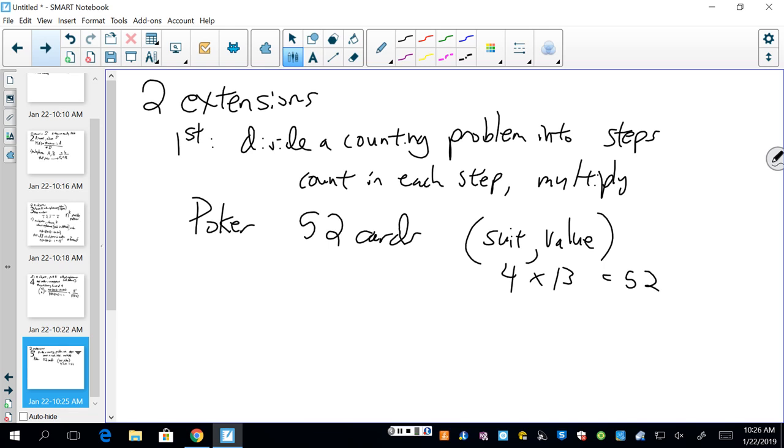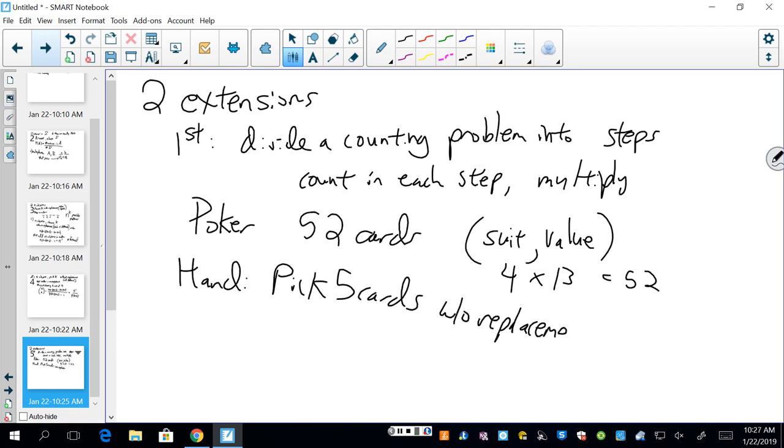And a hand in poker is you pick 5 cards without replacement, and order doesn't matter. You just have your set of 5. You can rearrange them in your hand and it's still the same quality, the same score. Unordered. So how many possible hands are there?